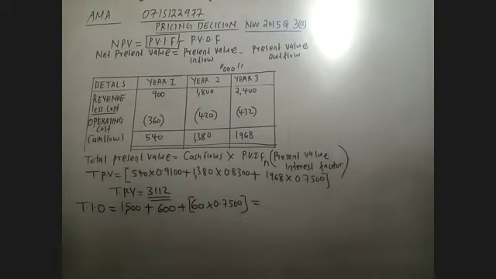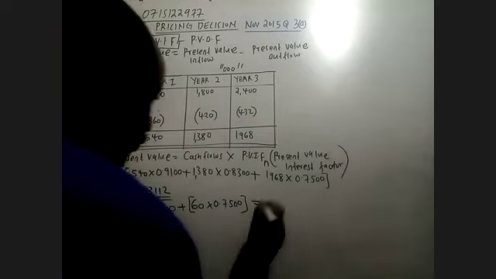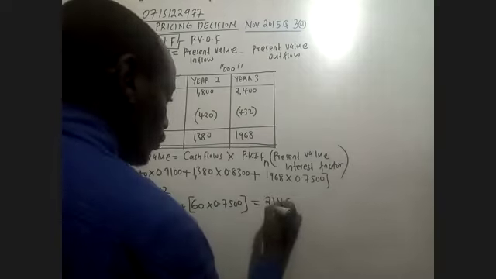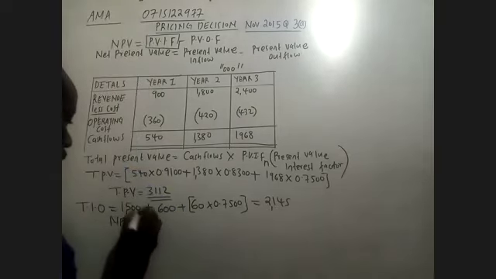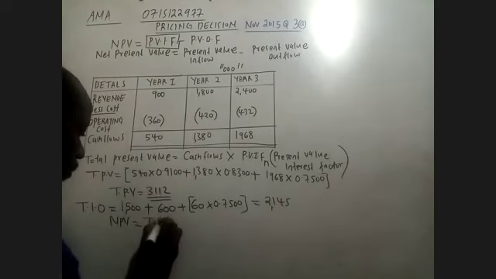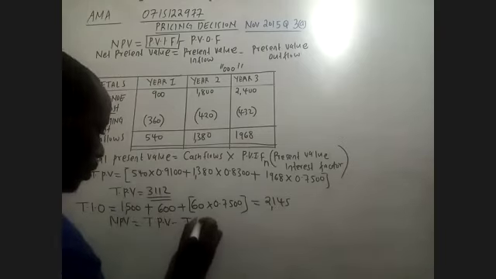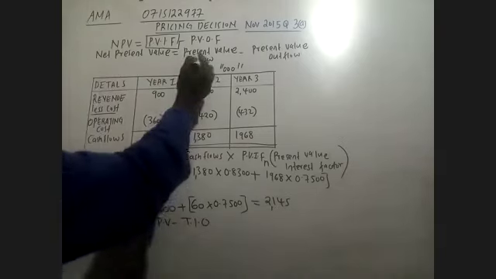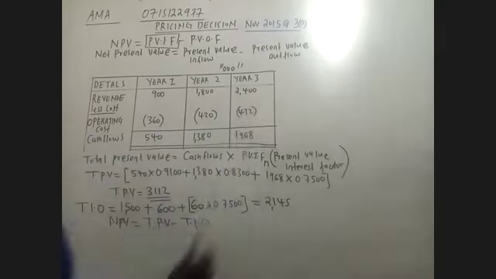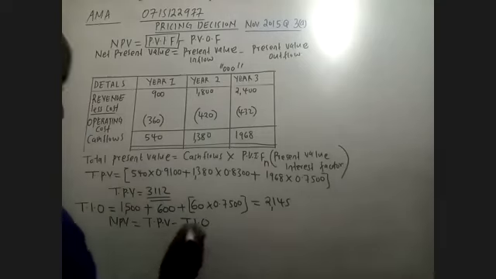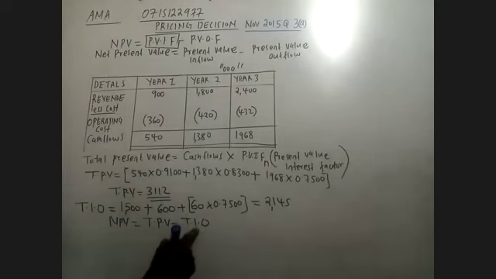Target cost. Take the cost so that you can get the cost gap. 300.3. Eh? 300.3. 300.